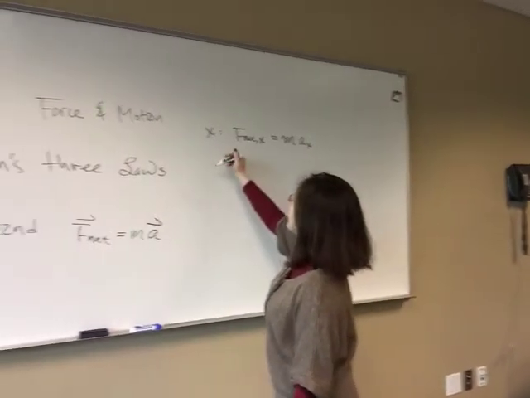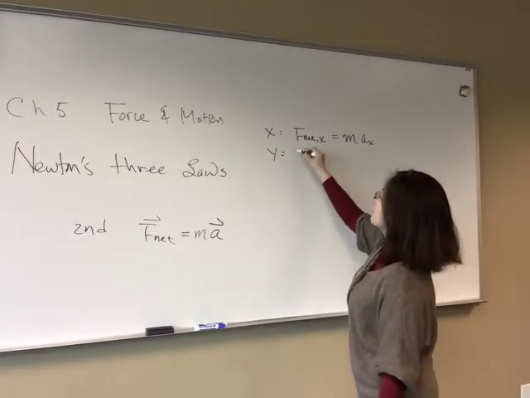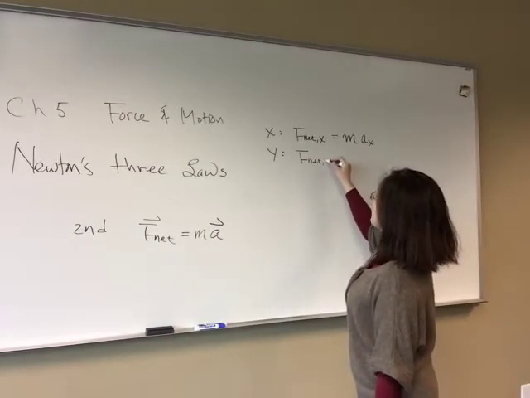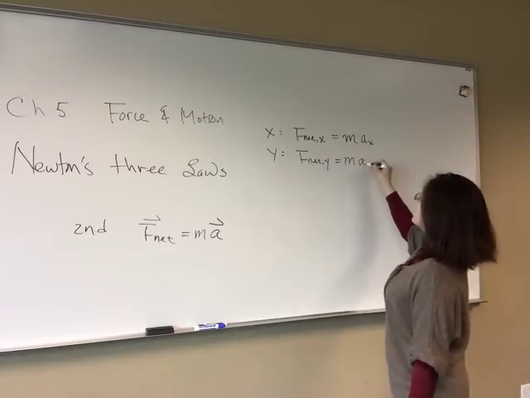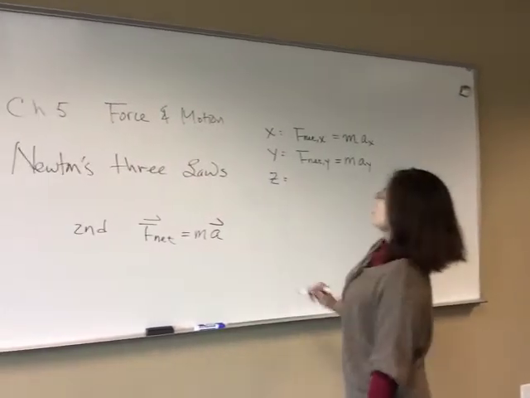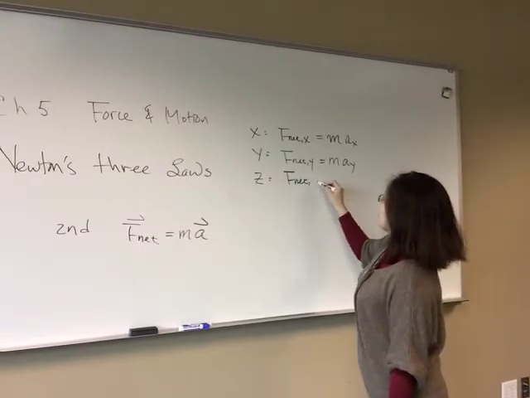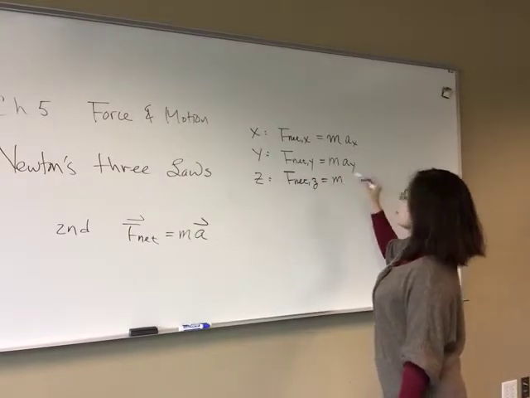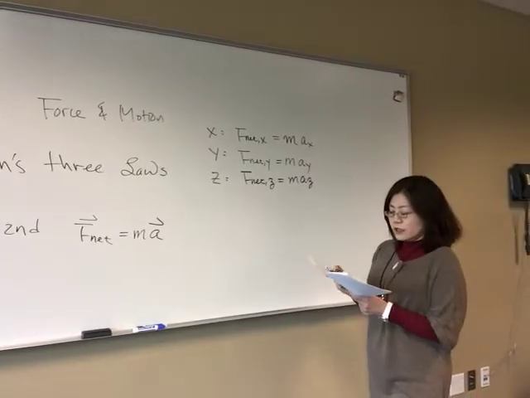Okay, so in that case, if we go up to two dimensions, you have an additional equation to use, which is the net force in the y direction is equal to the mass of the object times the acceleration in the y direction. If you're dealing with the z direction, then you have the net force in the z direction that's equal to the mass of the object times the acceleration in the z direction.